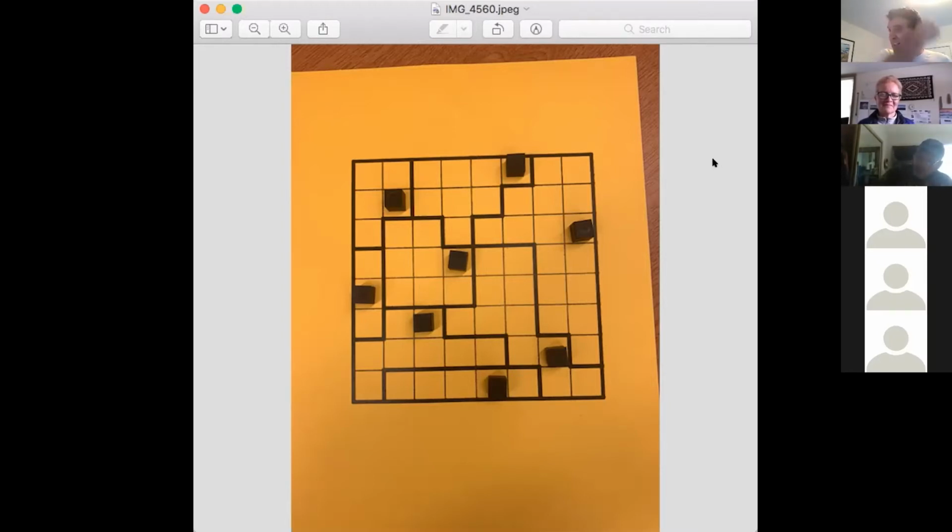There's only one cube for each column and each row. Ah, good eye. Yep. That's right. And each column too. Okay, could whoever said that repeat that for everyone?